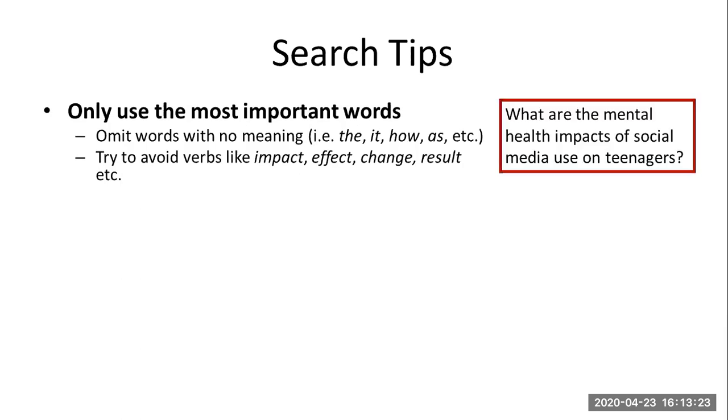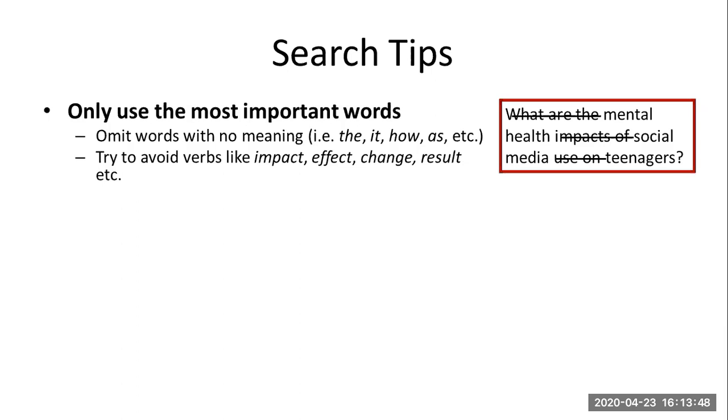So for example, if my research question was something like, what are the mental health impacts of social media use on teenagers? I want to look at that sentence and just pull out the words that have the most meaning, the ones that are going to give me the best results in a search. And so I can go through this sentence and cross out all of those words that really don't have very much meaning towards my topic, that wouldn't give me very good results.